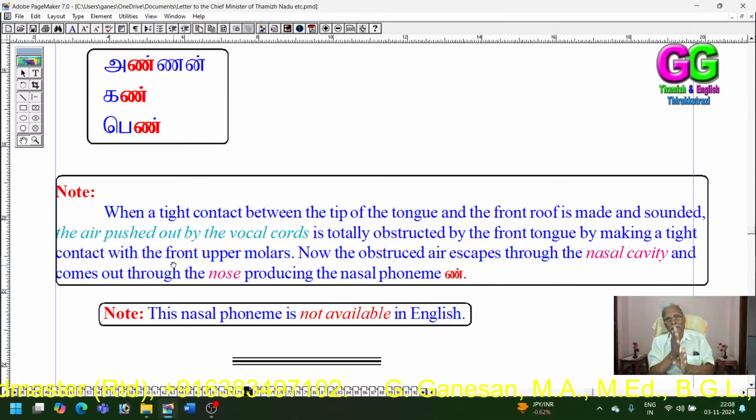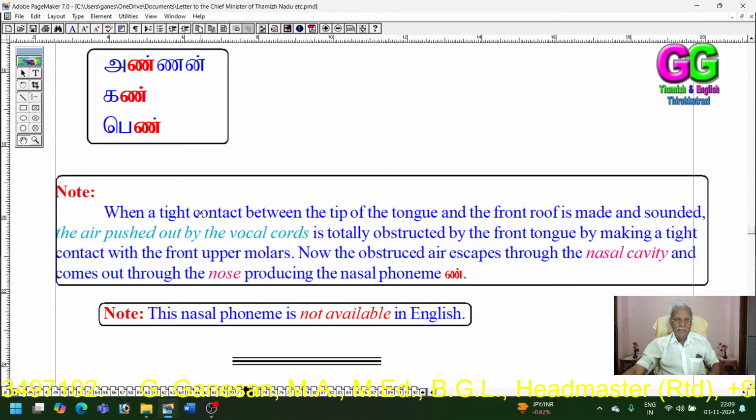So now the air, totally obstructed between the tongue and the back of the mouth, tries to escape. Then the way to the nasal cavity opens and the air escapes through the nasal cavity and comes out through the nose, producing the nasal phoneme ன.